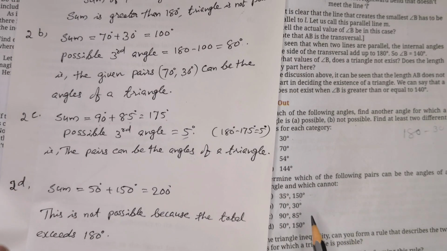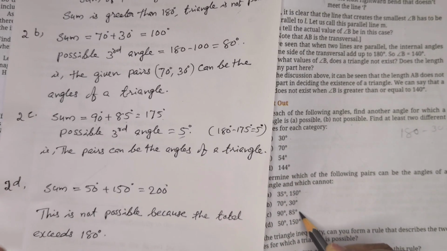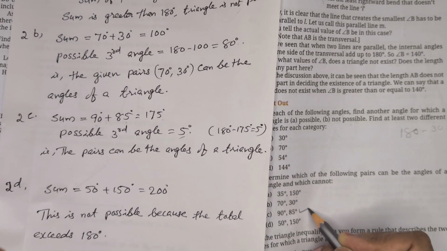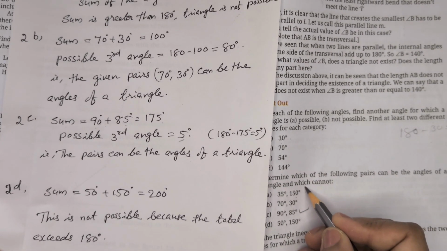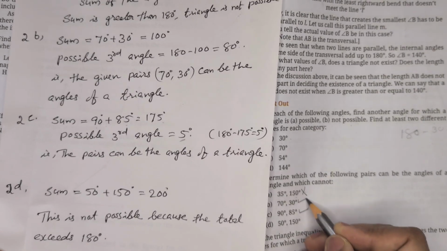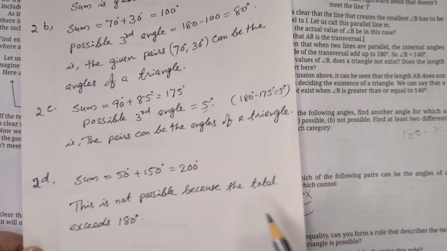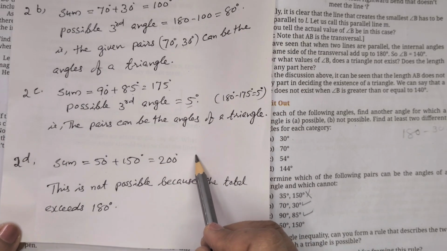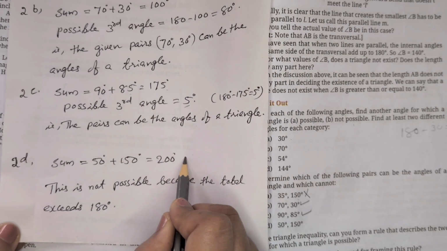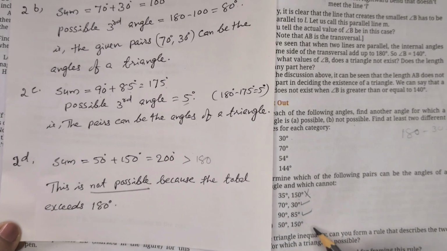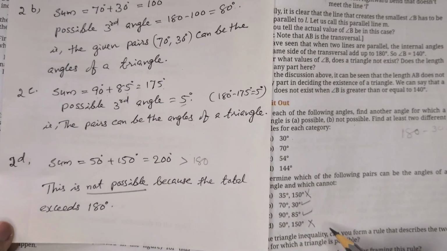So with the given measurements 90 and 85, that triangle is also possible. Here the first case is not possible, the second case possible, and the next one, 50 plus 150, comes to 200, greater than 180, so not possible. So this is also not possible.